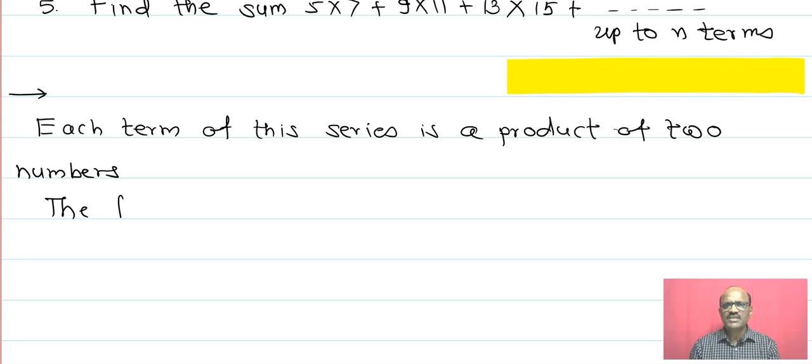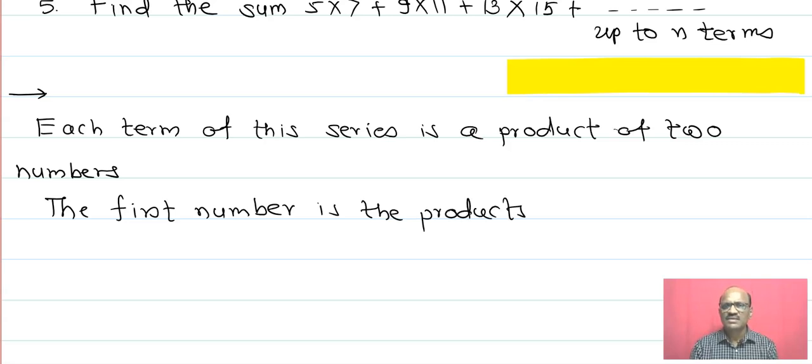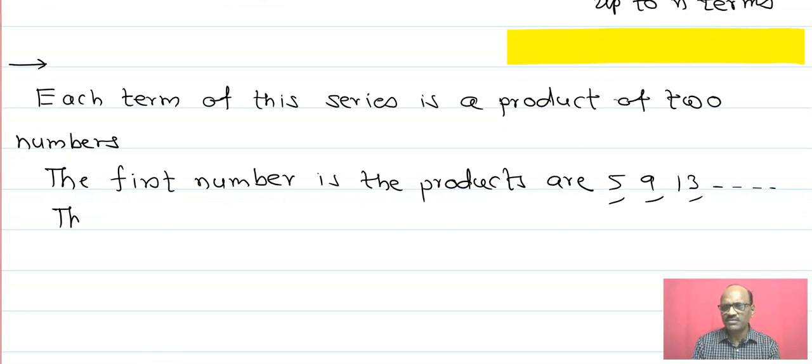Each term of this series is a product of two numbers. Now see, the first numbers of the products are 5, 9, 13, and in this case the first term a is 5, common difference is 4, and therefore we can find their rth term.